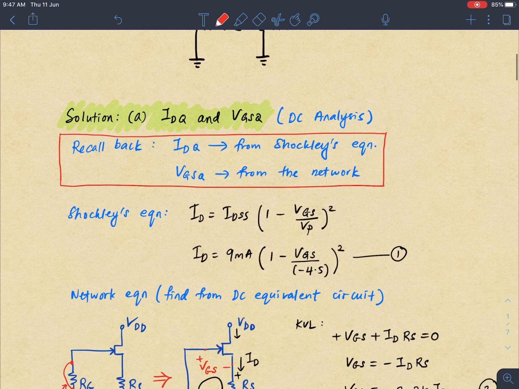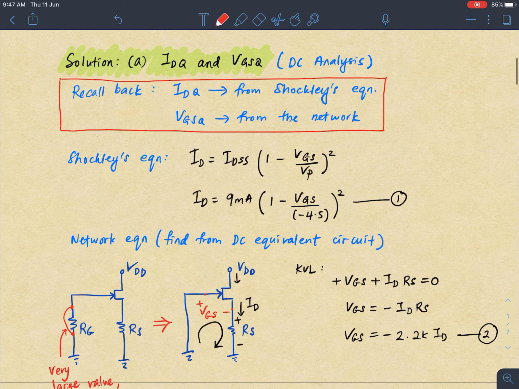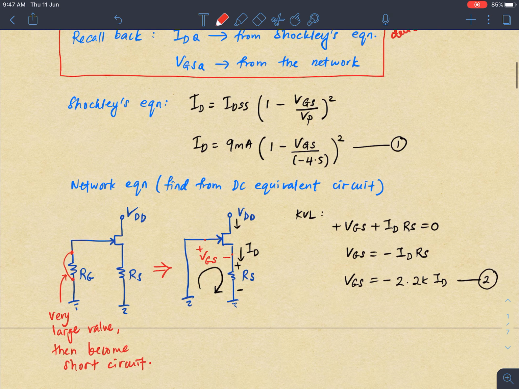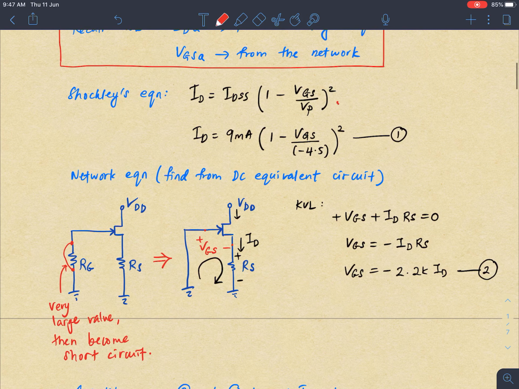So for IDQ and VGSQ, recall the Shockley equation. This is for the device, and from the network is VGSQ.